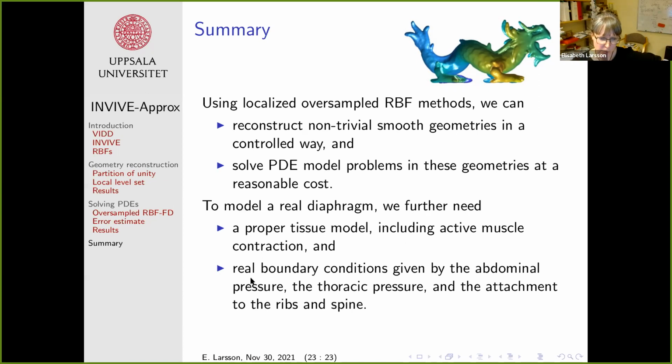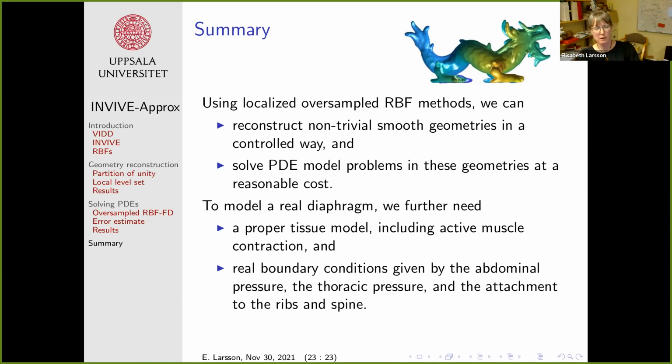And we need to have proper boundary conditions that take into account the actual pressure that you would expect to have in the abdomen and in the thorax, and the attachments to the ribs and so on. So there are many practical things. This is the typical thing when trying to solve a real problem, that there are many practical issues.